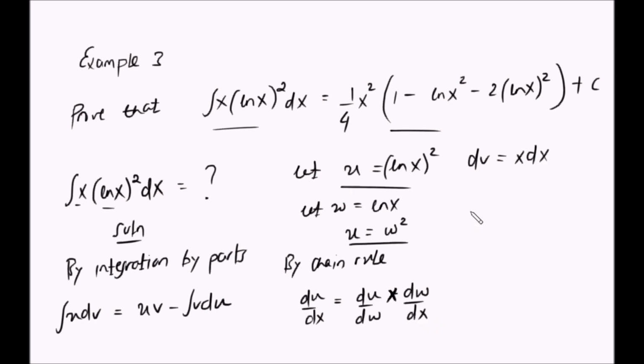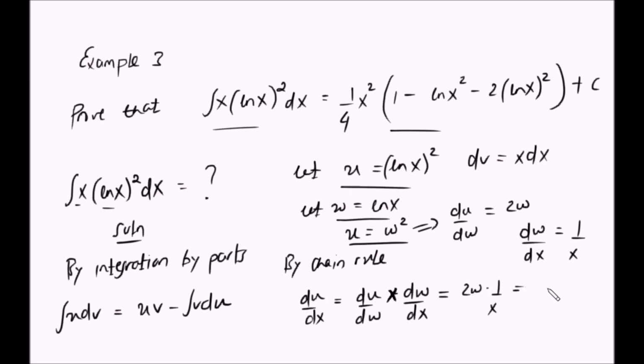So du dw nitapata hapa, so from u is equal to w squared, you can see kwamba du dw itakuwa sasa na 2w. Dw dx nitapata hapa, so from w is equal to ln x, tasikia kwamba dw dx itakuwa sasa na 1 over x. So kumbe du dw ni 2w times 1 over x. Kwa hiyo ni sasa na 2w over x.